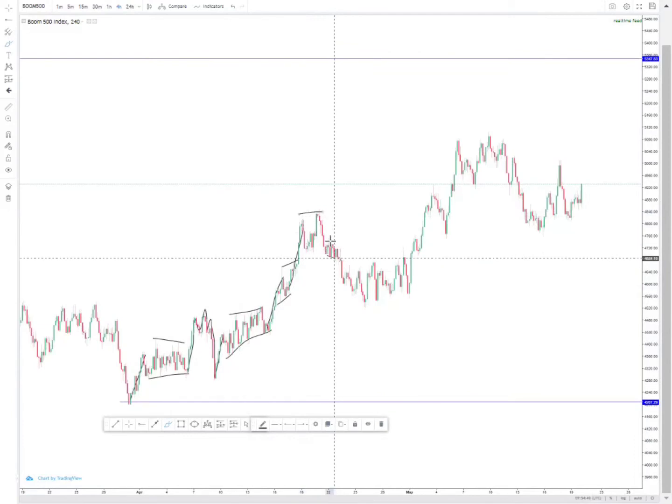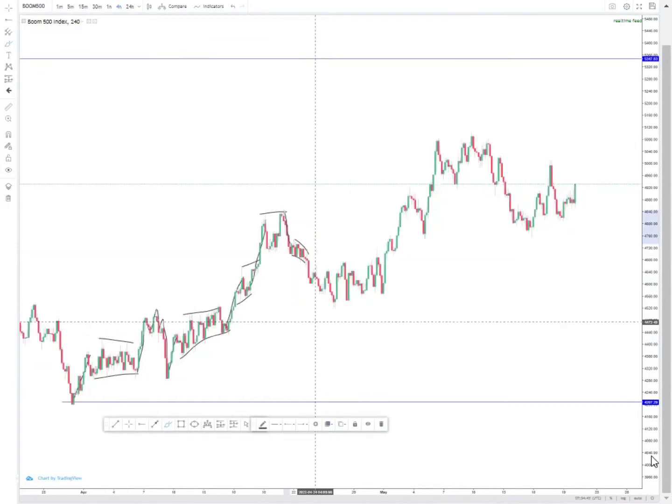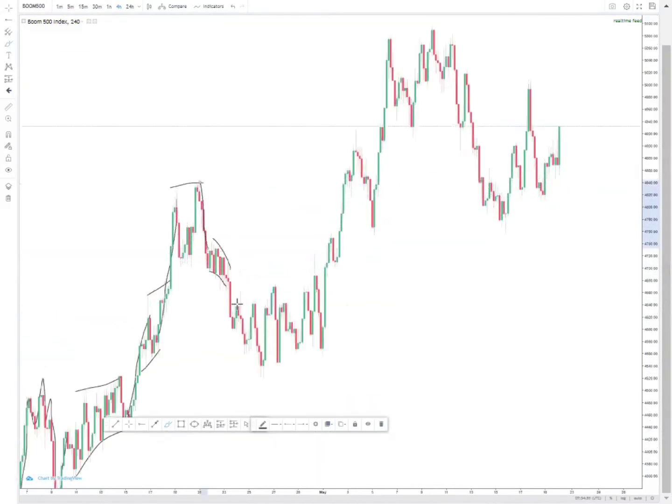We had this correction after this impulse to the downside, and then we had this impulse, and then we had this big correction, guys. And then we had this impulse to the upside. We had this impulse. This is one of the corrections. And then we had an impulse. And so on and so on, guys.